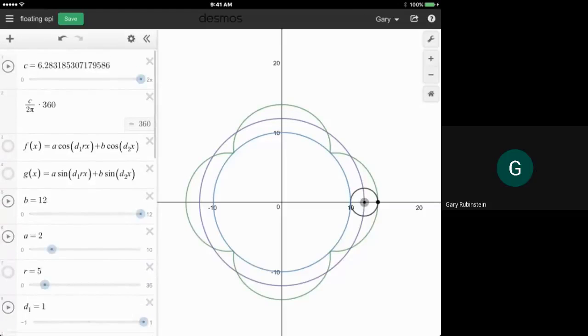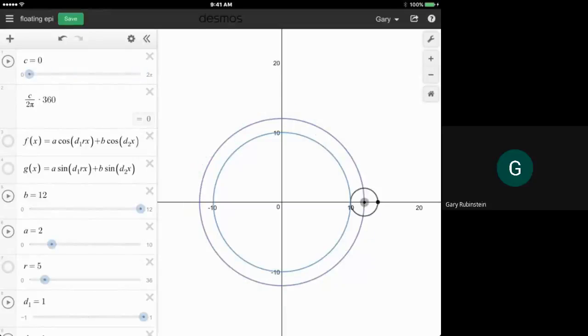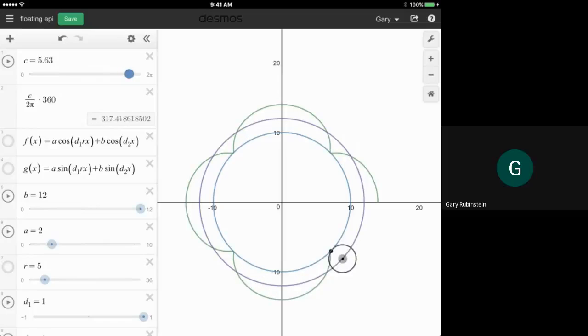So you can see it's basically the same question, except it's going around a different circle. And this one really looks more like a bunch of cycloids together.